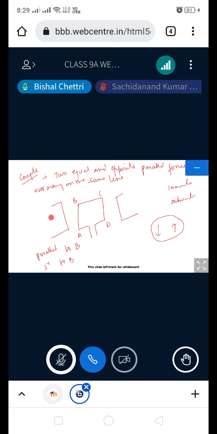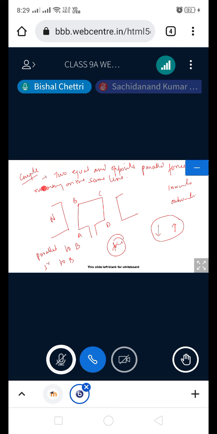Because if you remember, I told you the force acting on the coil is maximum when the plane of the coil is parallel, and minimum when it is perpendicular to the magnetic field. Same thing, but here they have given the question in terms of couple.